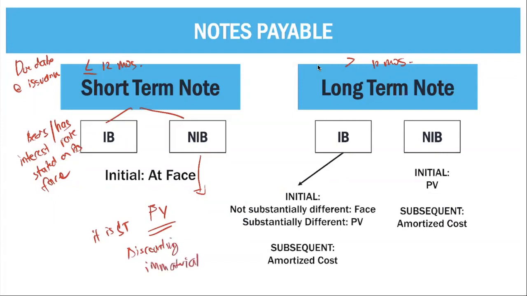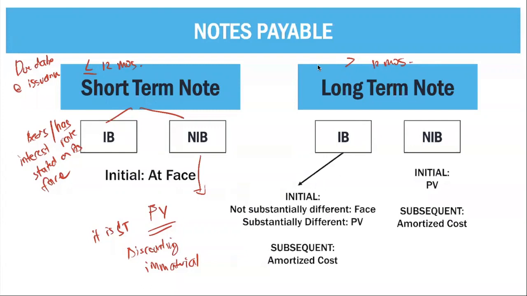Remember this as a concept in your financial management: in case the term is so short, the discounting is immaterial because the cash flows during that particular period will not change significantly.